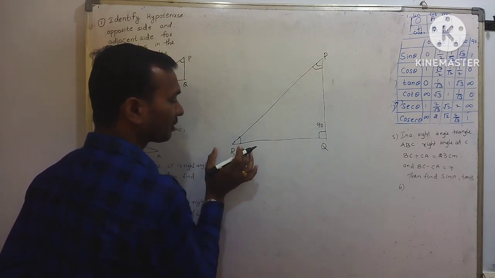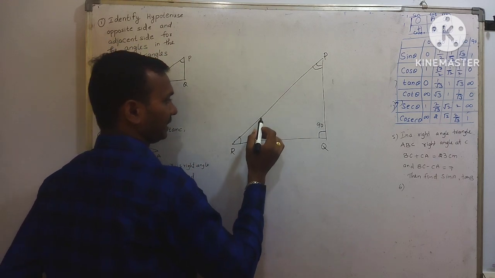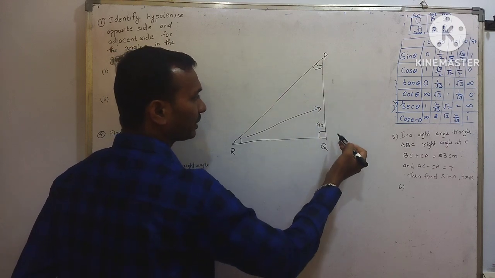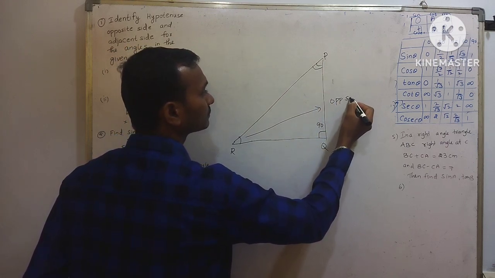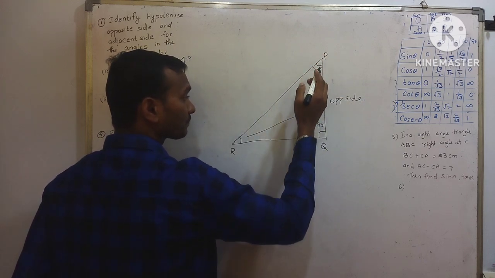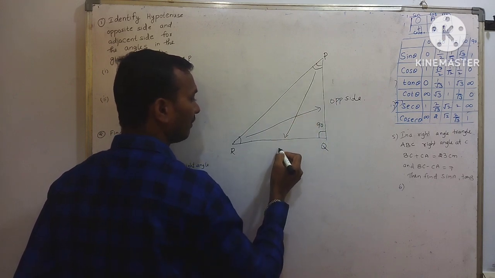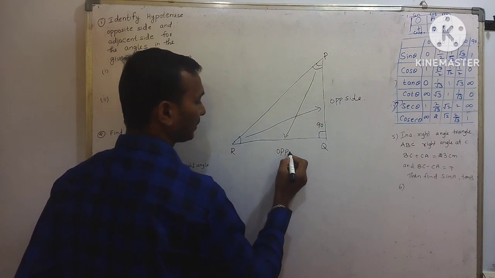If you observe from the R point, our opposite side becomes PQ. If you observe from P, our opposite side will be RQ.